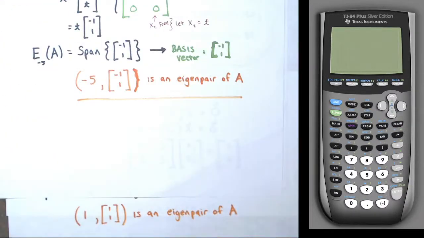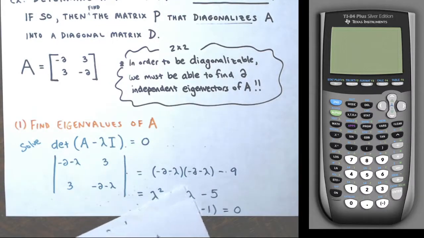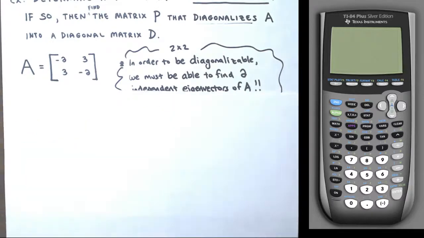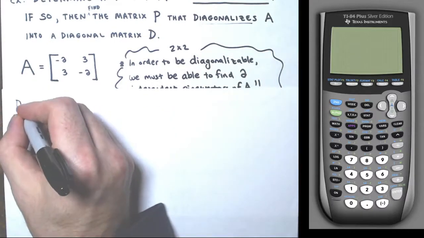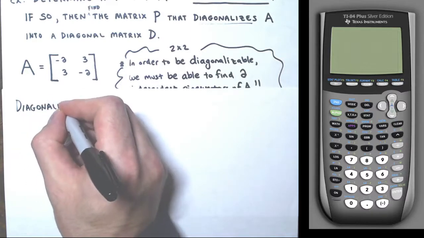In fact, I'll just show that. So let's make our diagonalizing matrix P.